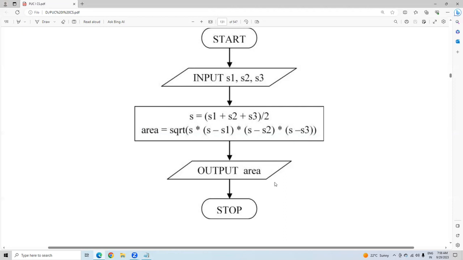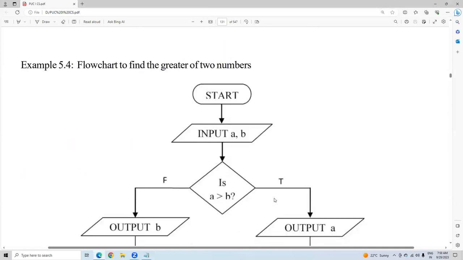Whenever you want to draw a flow chart, first you should know the inputs for that calculation. Take the inputs of that, then write the calculations in the compute box, then print the result in the output box. Then stop.